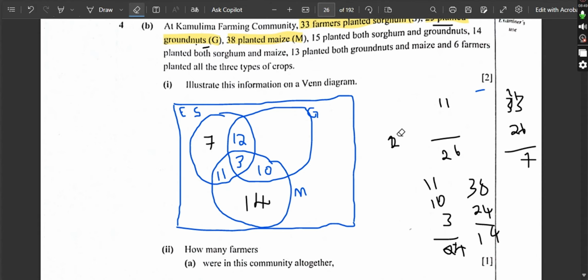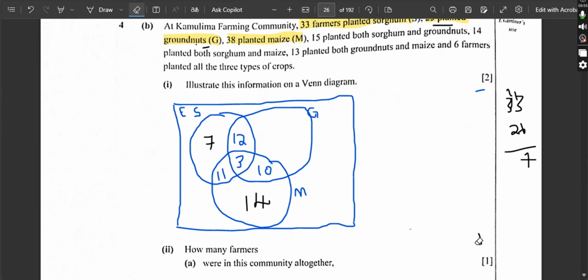So at this point we are nearly done, but not completely. We need to add up everything to see how many people were in this farming community. You can use your calculator, this is paper 2.